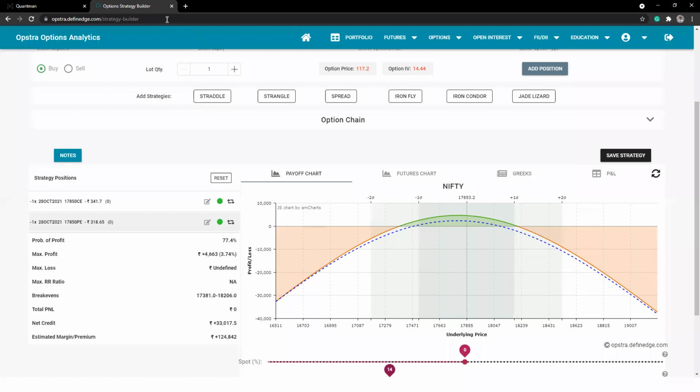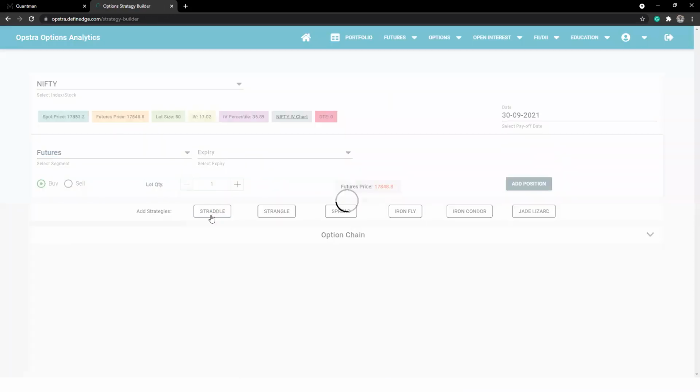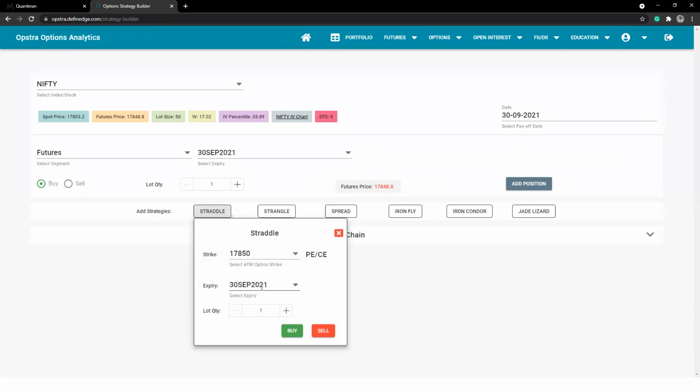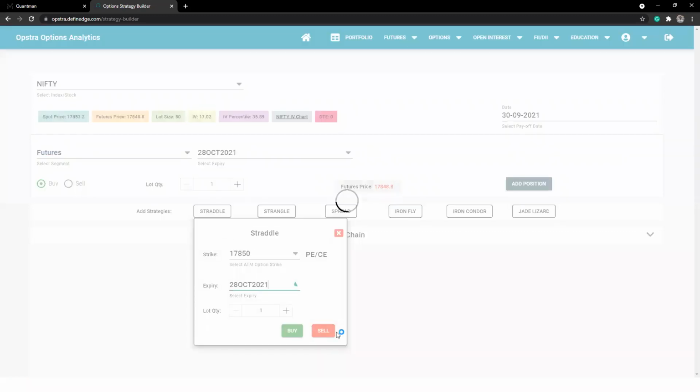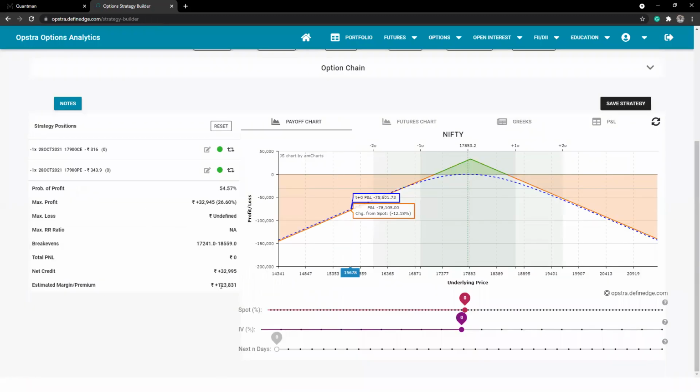I'll refresh because the payoff graph is not right. I'll select the straddle, select the expiry as 28th October, and sell the straddle. So for the next expiry, you can see that the win rate is slightly higher because it has more time value, and the win rate is 54.57%.